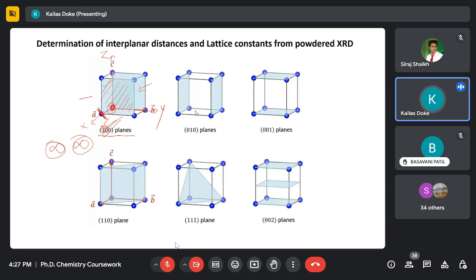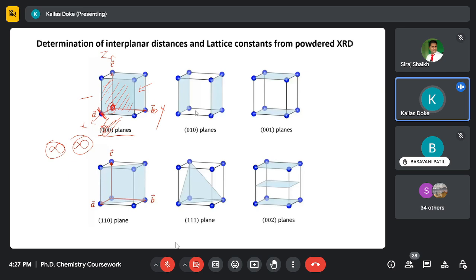This is either called a 2, 0, 0 plane or a 0, 0, 2 plane. In this plane, there is a constituent atom. In this plane, there is a constituent atom, but we make a half of that. There is no constituent atom. So whatever this distance between this plane is called a 2, 0, 0 plane.